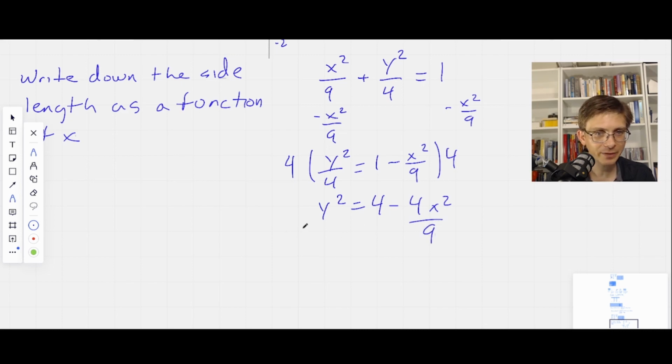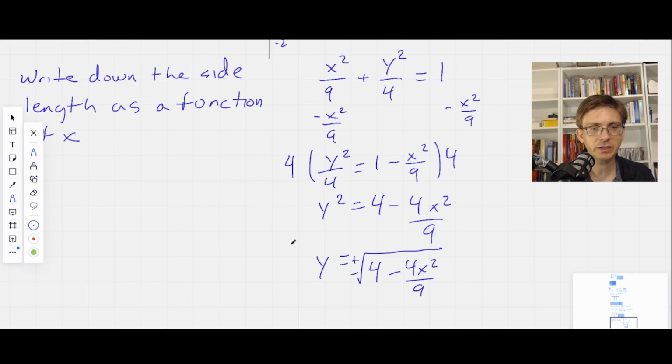And then the last thing we're going to do is take the square root of both sides, just remembering that when we take the square root of y squared, we get a plus or minus involved. So it's plus or minus the square root of 4 minus 4x squared over 9.